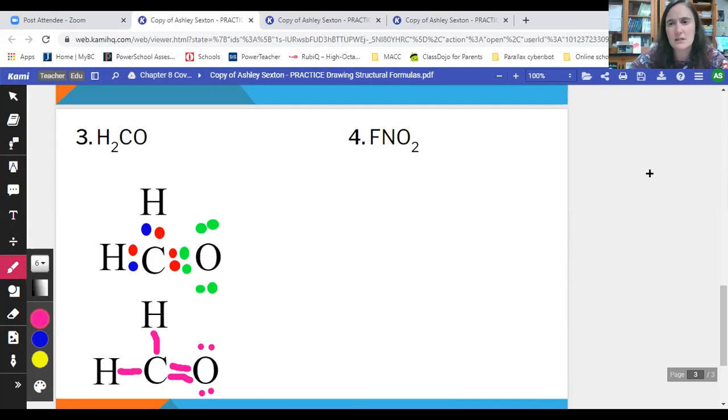We have 2 oxygens, and there's going to be another double bond that's going to form over here. And it doesn't matter which oxygen it bonds with. It could do either oxygen, and it's going to make what's called a resonance image, okay? This, I think, is the only resonance image I'm going to have y'all do, so I'm not going to get into it a great deal.